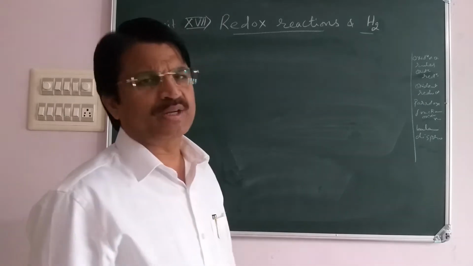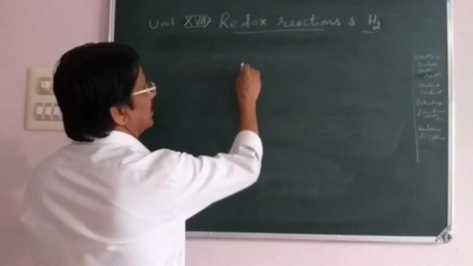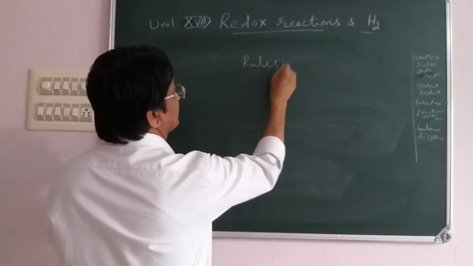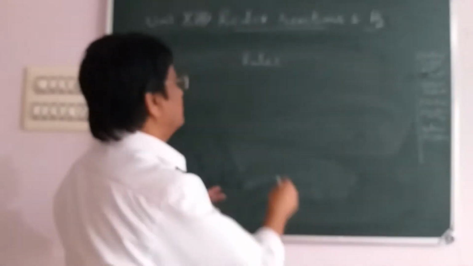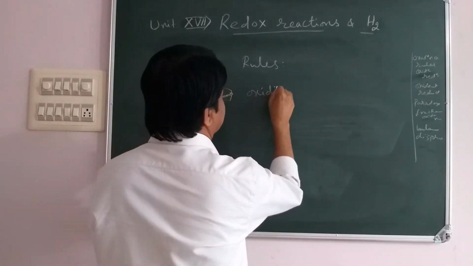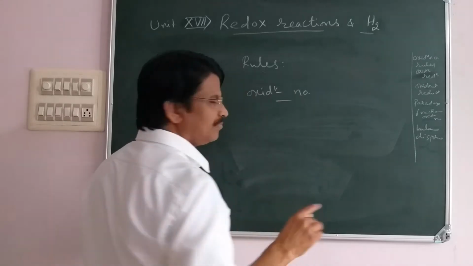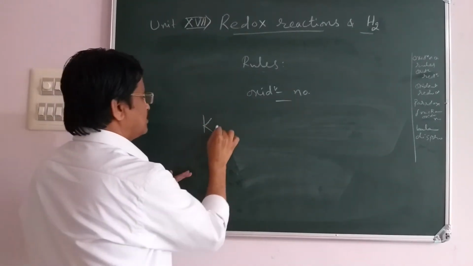Then how to find oxidation number? We will study the rules. Say, for example, potassium permanganate.